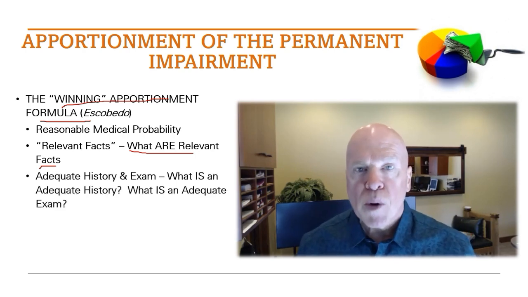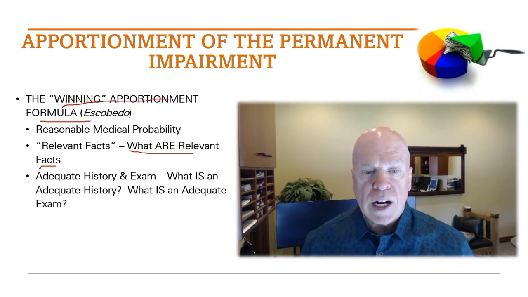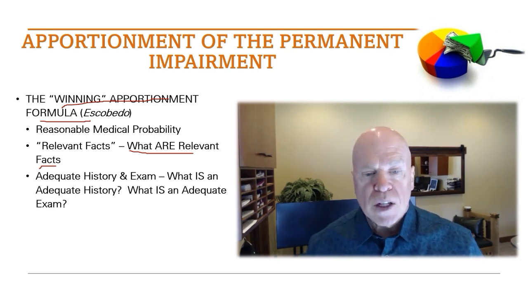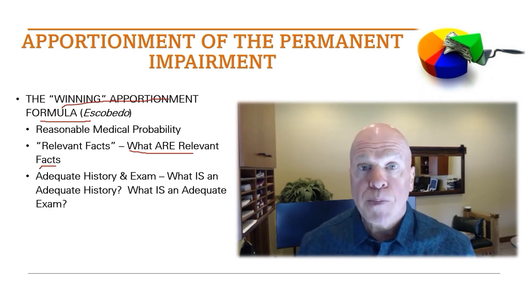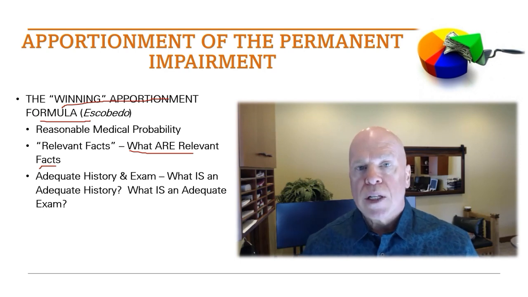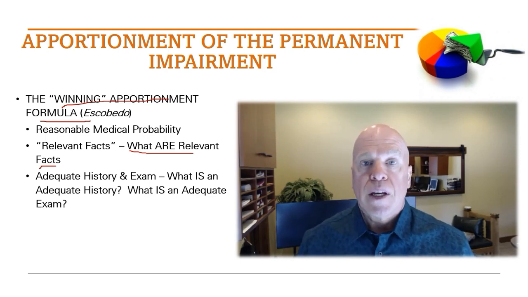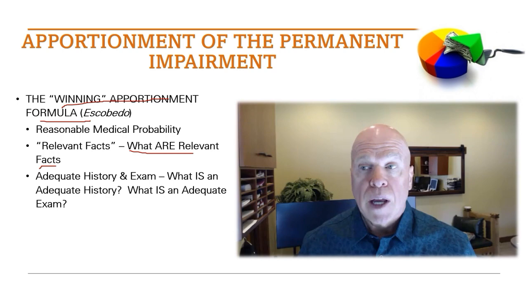Your apportionment approximate percentages must be based on an adequate history, must be based on an adequate exam, and this raises the issue, what is an adequate exam? Well, in my opinion, an adequate exam is an exam exactly taken out of and fashioned in accordance with the AMA Guides 5th edition.